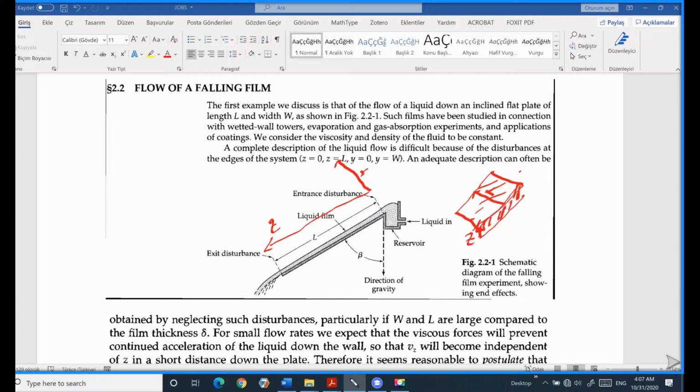So again, when z is equal to 0, that is the entrance, z is equal to L is going to be the exit. y is equal to 0 is going to be here. y is equal to W, that thickness, is going to be W.